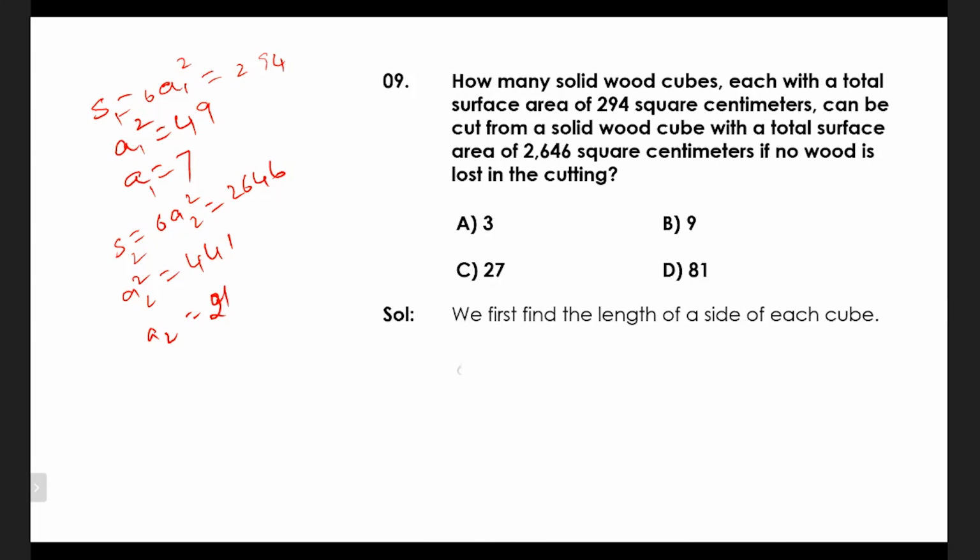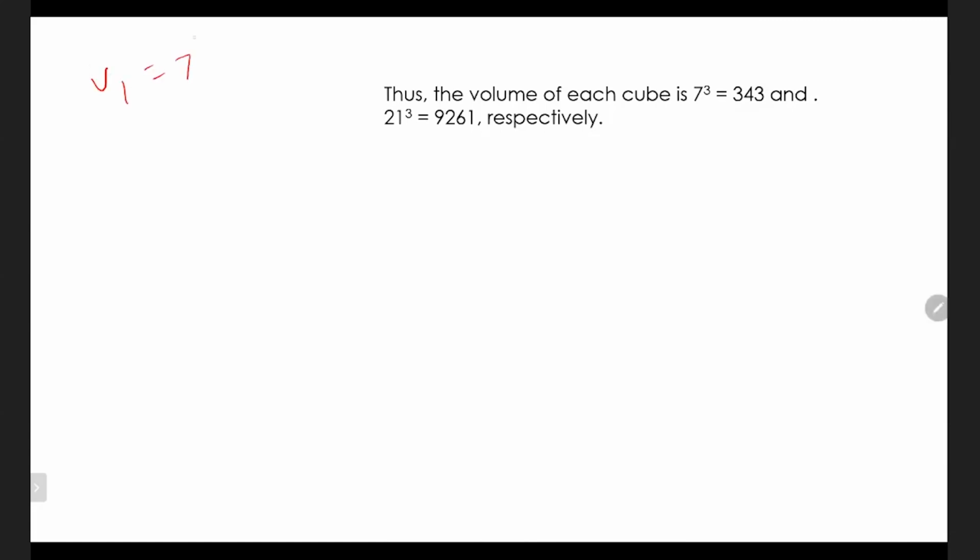So now, we got S1 as 7 and S2 as 21. Now we wanted to find the number of solid woods that can be put. So the volume of the first wood will be 7 cube and the volume of the second wood will be 21 cube.